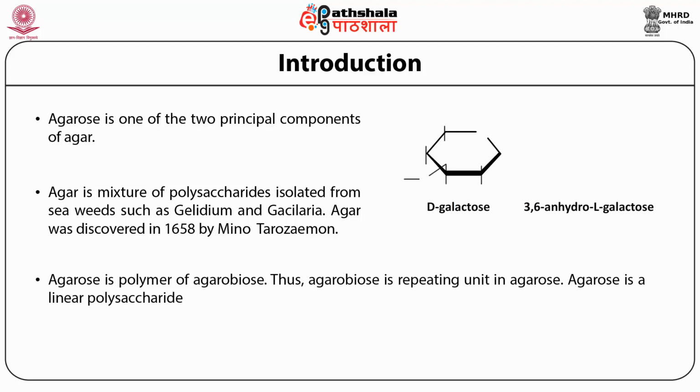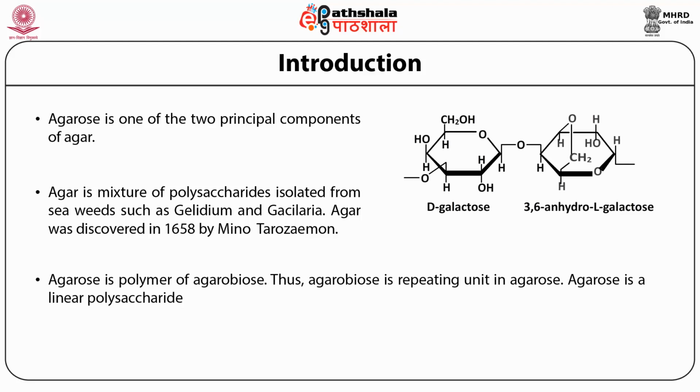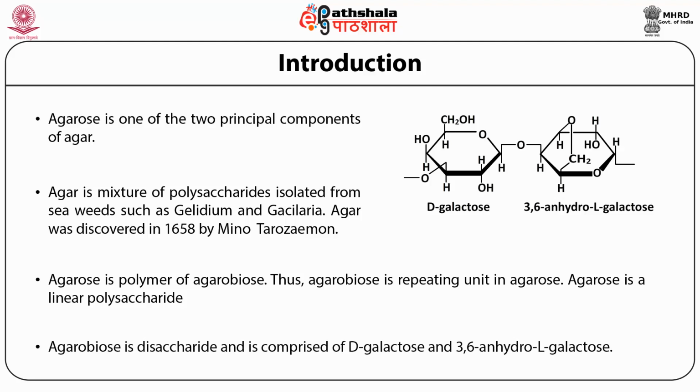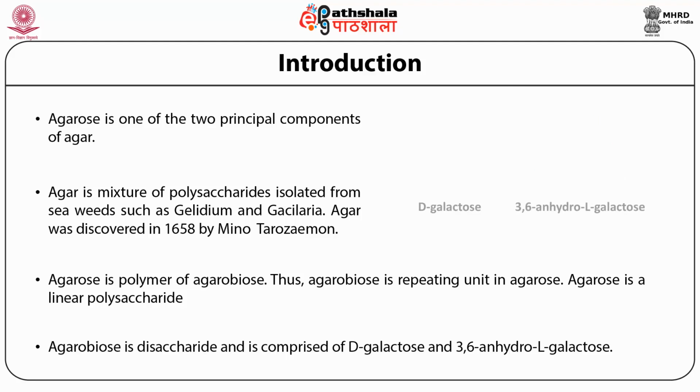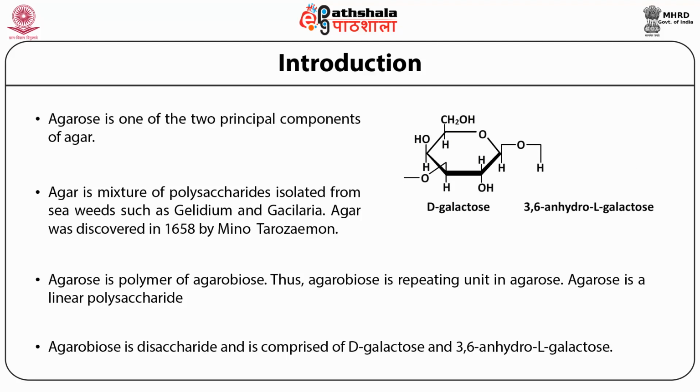Agarose is a linear polysaccharide which contains agarobiose as the repeating unit. Agarobiose is a disaccharide and consists of D-galactose and 3,6-anhydro-L-galactose. So it should be clear that agarose is fractionated from agar.